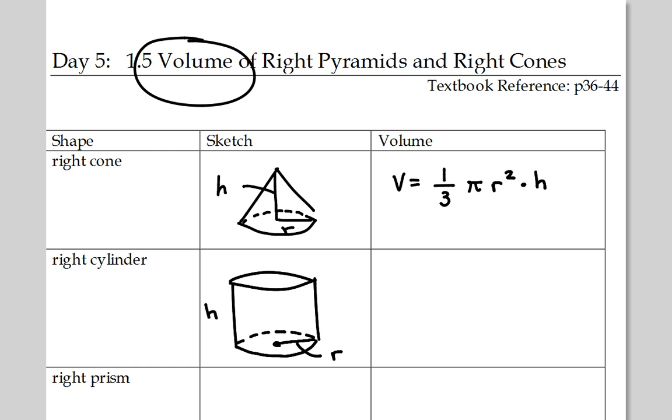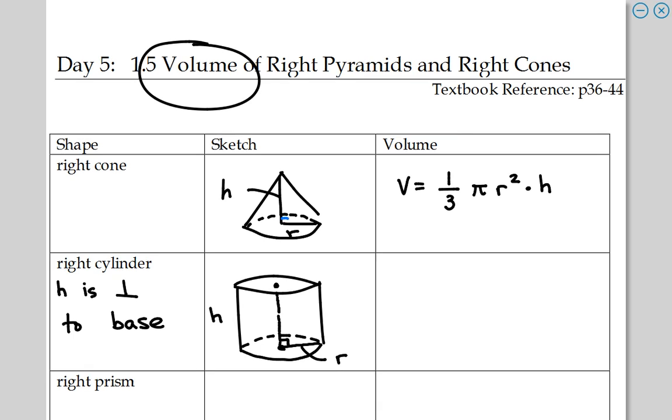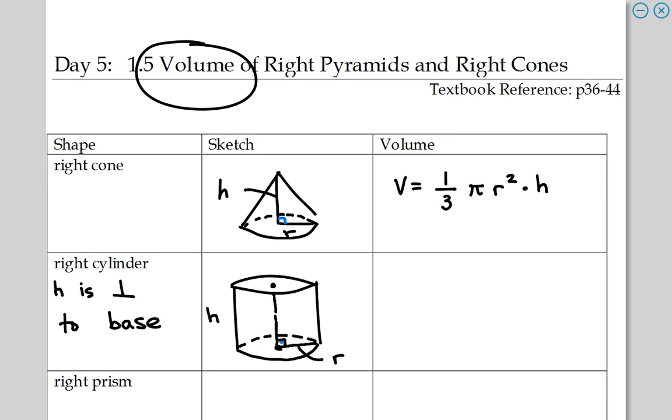Again, which the height, just remember that it's always perpendicular to the base. So just put a note there. H is perpendicular to base. Okay, that's why you see those little square symbols, those little 90 degrees. That's these guys, these little squares. Okay, heights are perpendicular to the base.